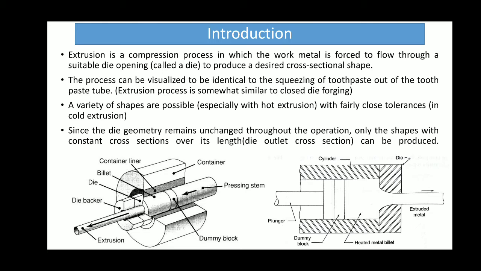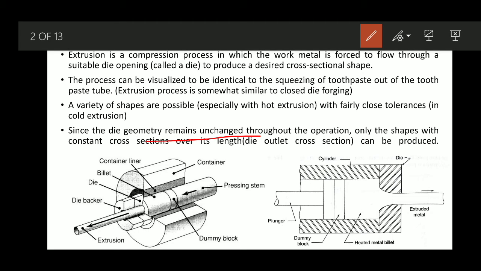What basically happens in a particular process is that the setup remains the same. That means the die geometry remains unchanged throughout that operation, and because of that, only shapes with a constant cross section over the length can be produced.